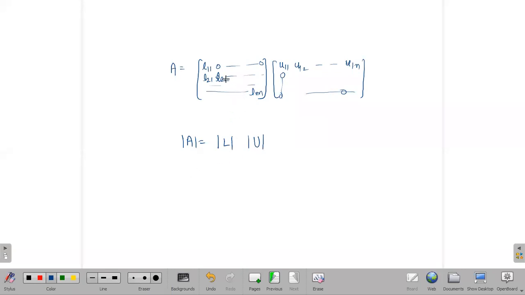Either you first write the determinant of L and then the determinant of U, or you can first multiply and then find its determinant. It is up to you. Ultimately you will get the diagonal entries of L and U only in the multiplication.